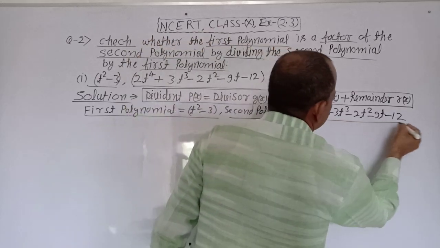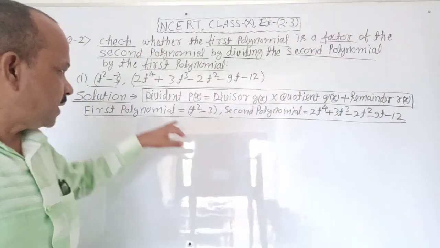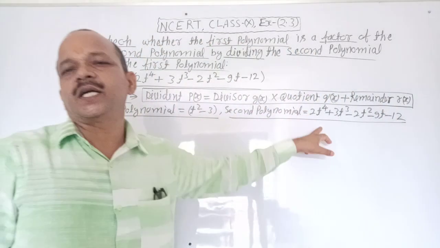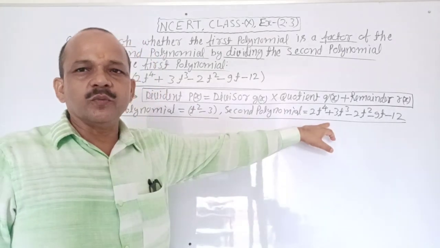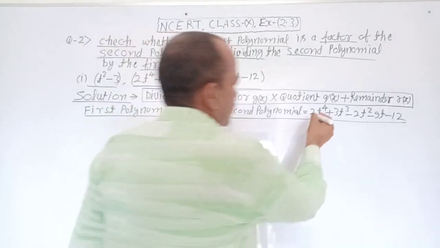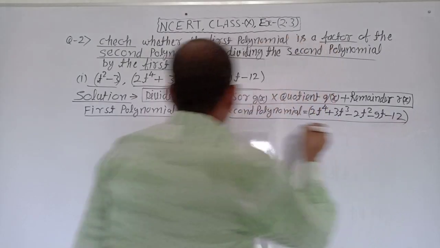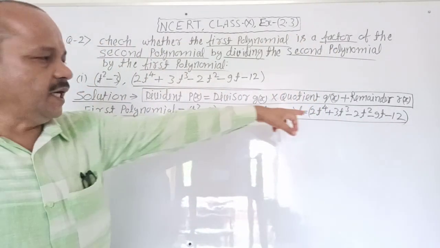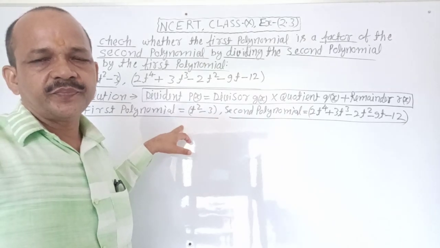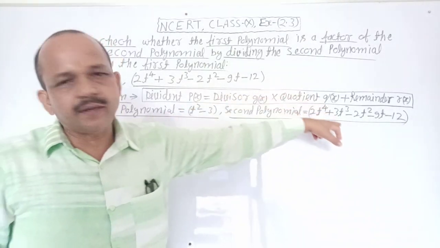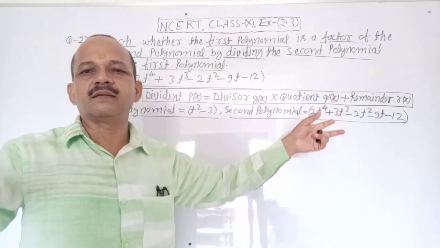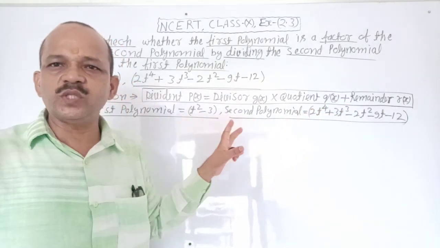It is the second polynomial. You divide the second polynomial by the first polynomial. In this way you check whether the first polynomial is a factor of the second polynomial or not. Clear? No confusion about it?